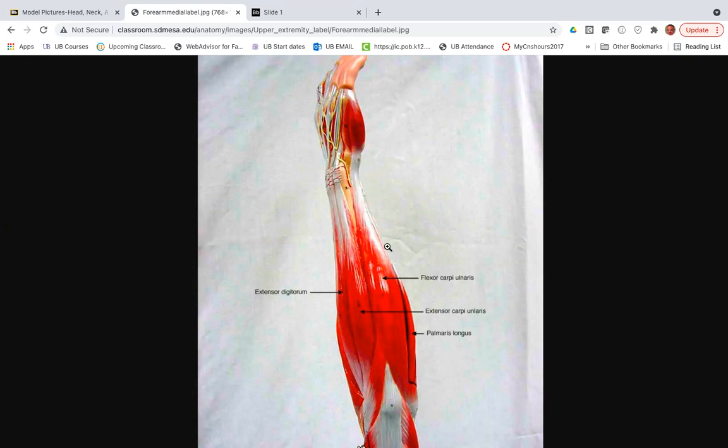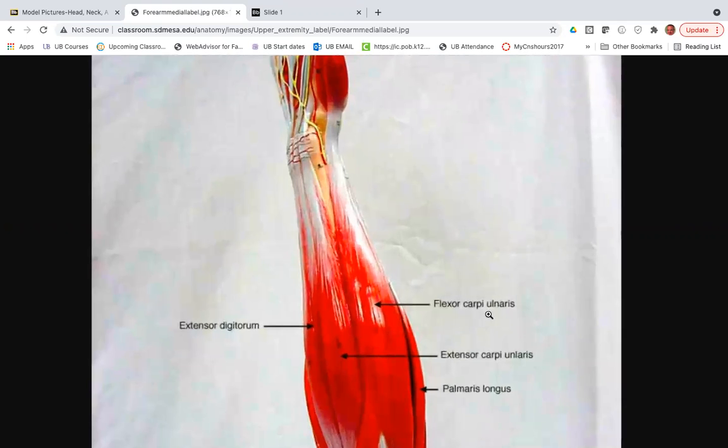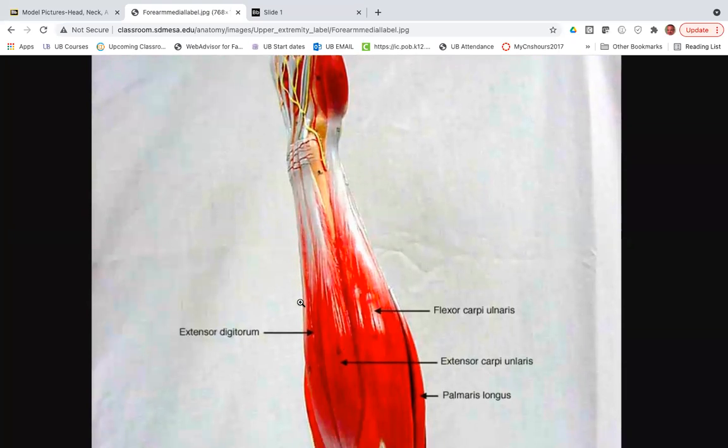We're seeing the flexor carpi ulnaris on the anterior side, and on the posterior side is the extensor carpi ulnaris. Even more posterior is the extensor digitorum.